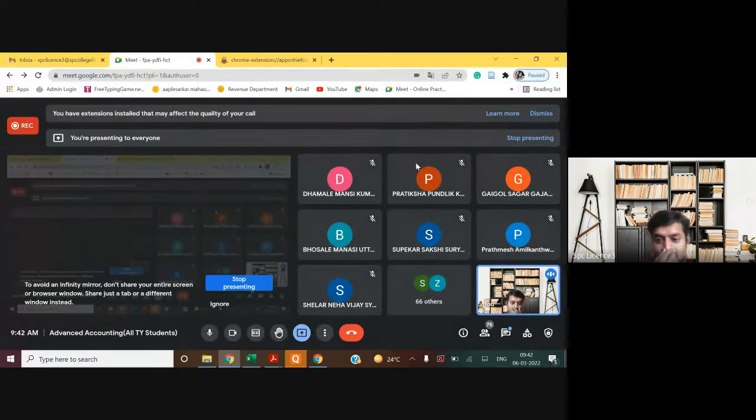Suppose here is Sakshi Supekar. Sakshi Supekar has a company, I also have a company, and we are in the same industry. We produce similar types of products. And Supekar Sakshi has a list of suppliers. I do not have a list of suppliers. Her suppliers are ready to sell goods on credit to her at any time, of any volume, but my suppliers are not ready to sell me goods frequently, and they do not regularly supply me raw materials.